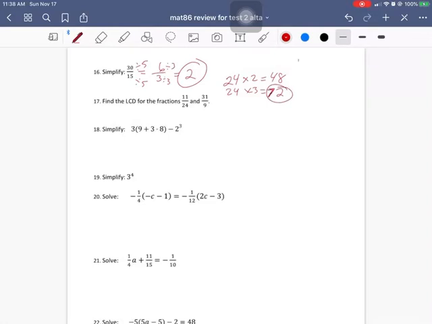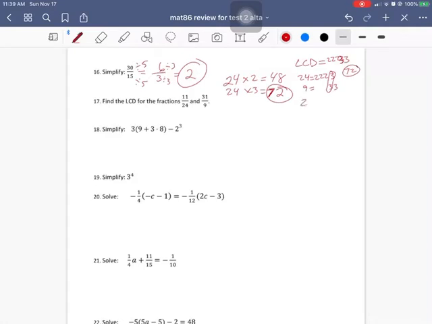The other way, I think the book tells you to find the LCD is: 24 is a 2, a 2, a 2, and a 3, and 9 is a 3 and a 3. So they have in common a 3, so the LCD is 2, 2, 2, and then the 3 they don't have in common, and then the 3 they do have in common, so that's 8 times 9 is 72.